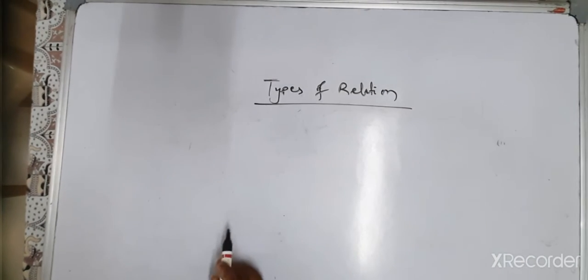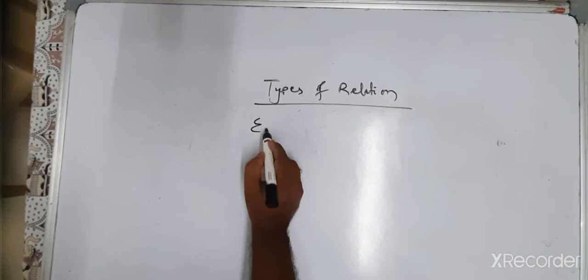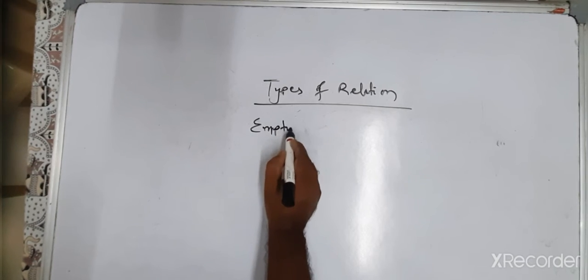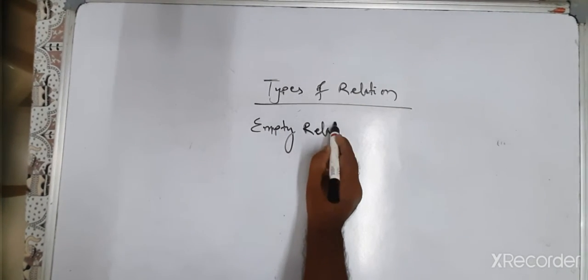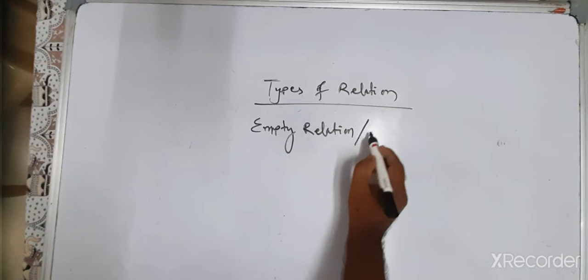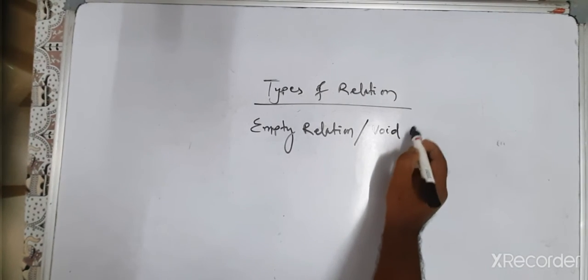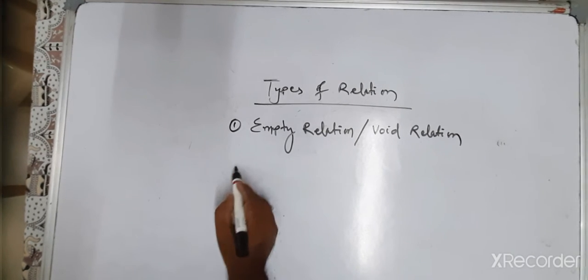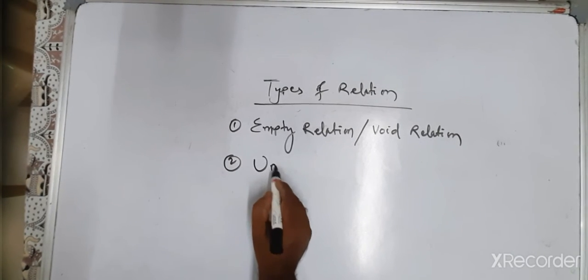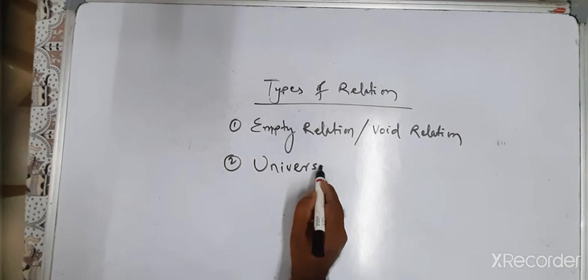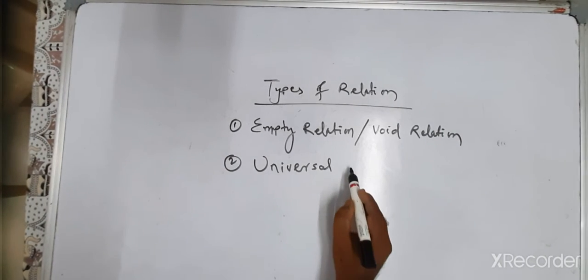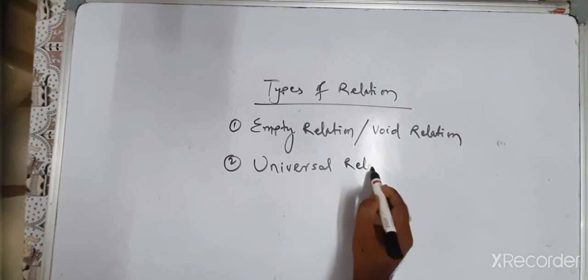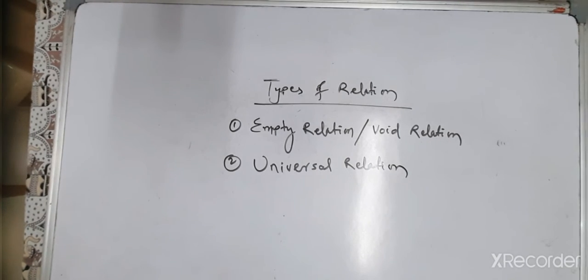There are so many types. One is the empty relation, or you may say void relation. Two, universal relation.